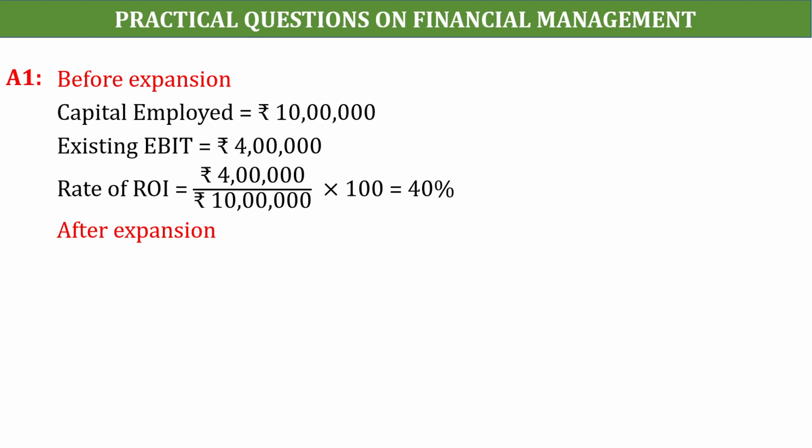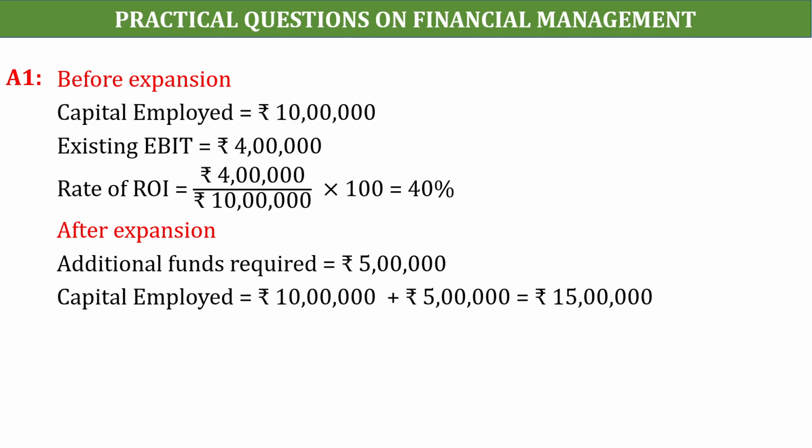Now we have to see, after the expansion, what is the expected earning before interest and tax. So after expansion we need rupees 5 lakh additional funds. Capital employed would be existing capital of rupees 10 lakh plus additional 5 lakh rupees, that is 15 lakh rupees.